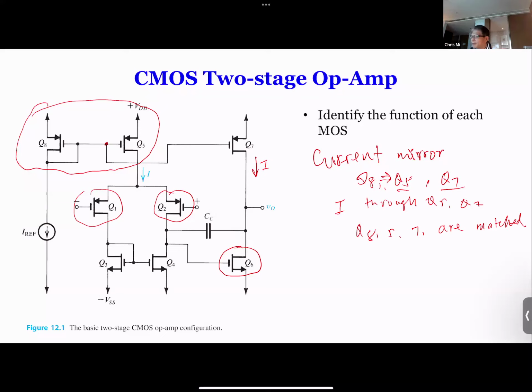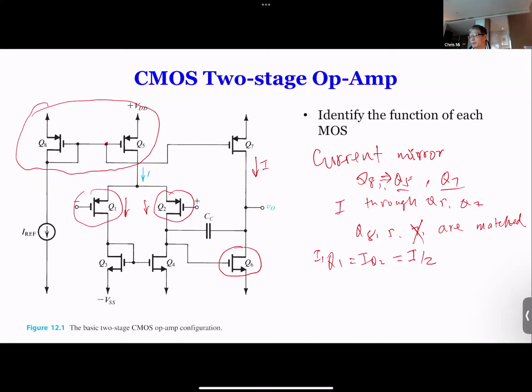However, I want to erase this one because we'll talk about Q7 later. Q7 is not going to be matched. Actually, it's going to be twice. The reason is this: the current through Q5 is split between Q1 and Q2. So you've got IQ1 and IQ2, each is going to be 1/2 I.